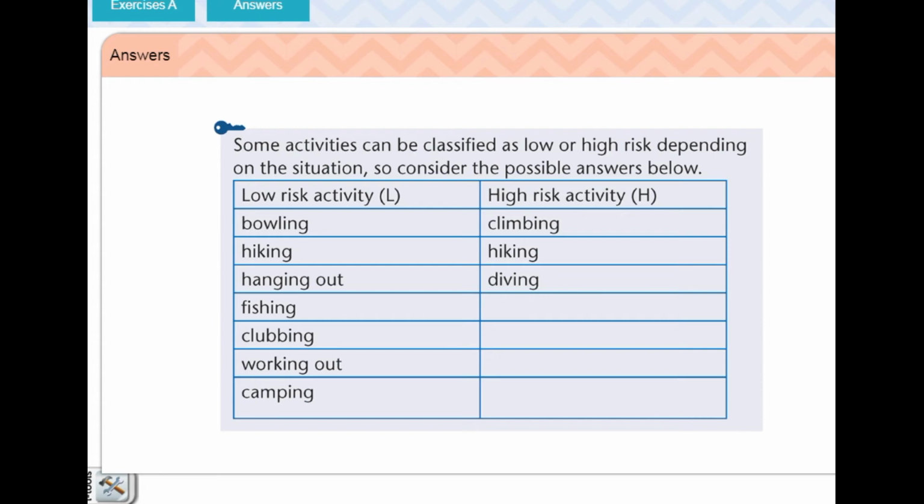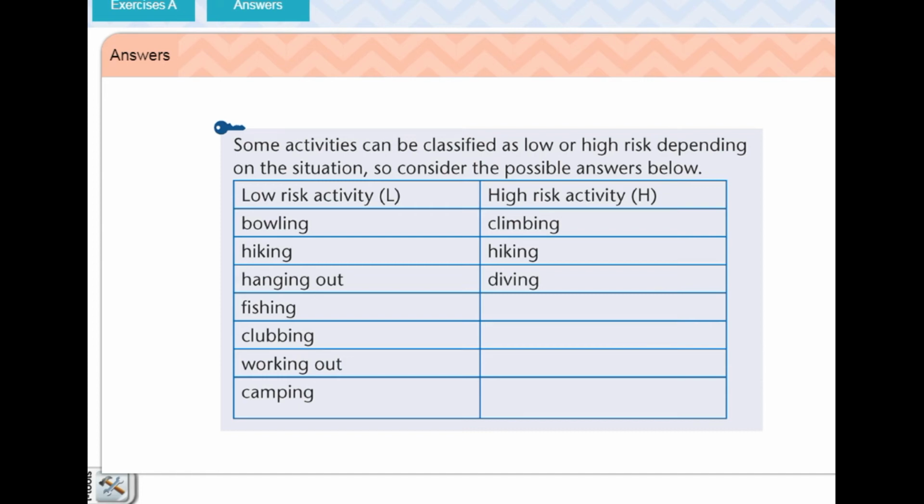When we think of activities, we have an idea about if it is a low or a high risk activity, right? So, based on the activities that you do for fun, do you think they have low risk or high risk? Are they activities that you can have serious accidents or even die?